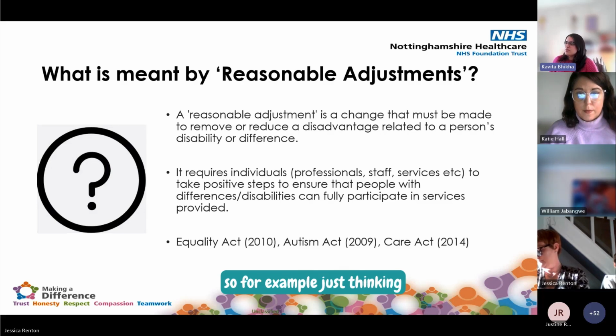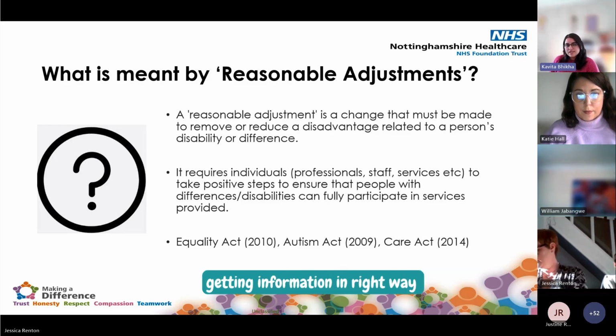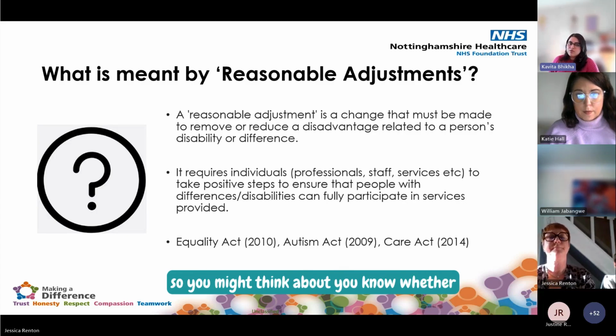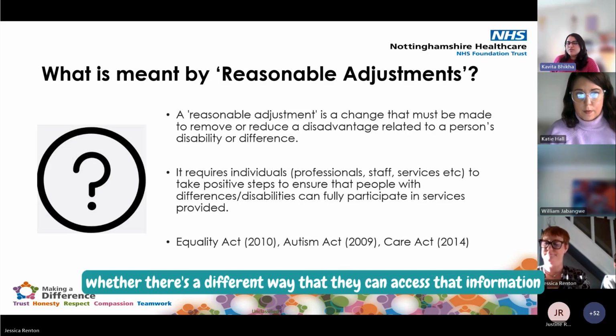For example, if someone has a sensory loss or is visually impaired, we would want to make sure that they're getting information in the right way. So you might think about whether that leaflet is appropriate for them, and whether there's a different way that they can access that information.